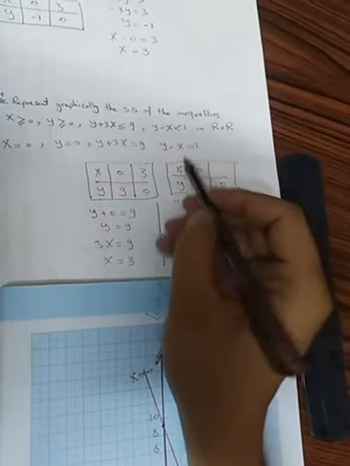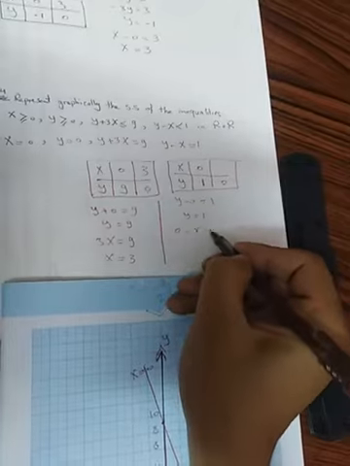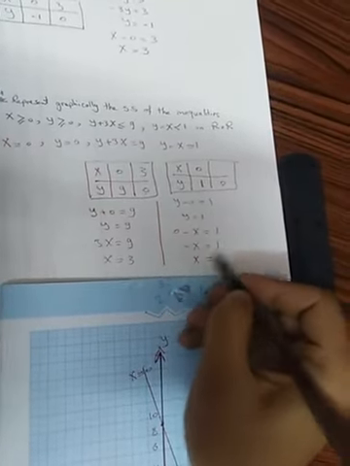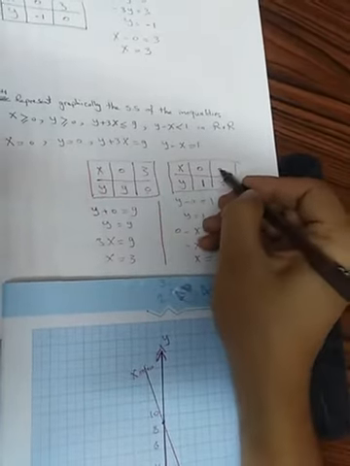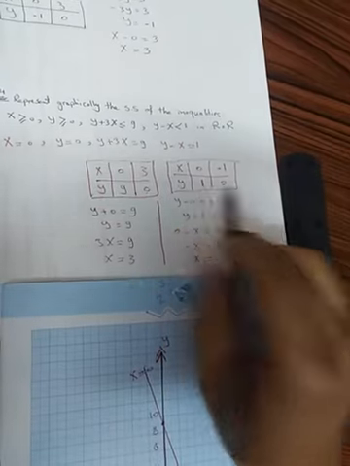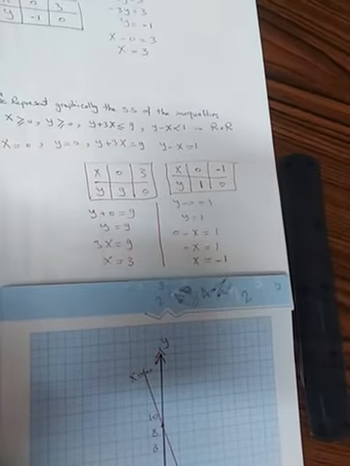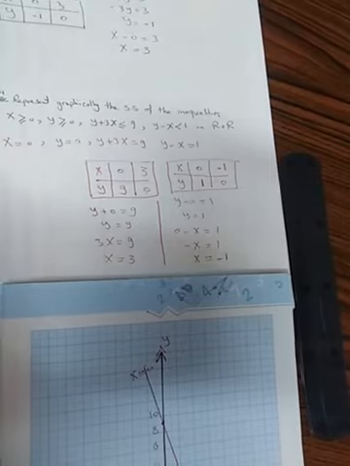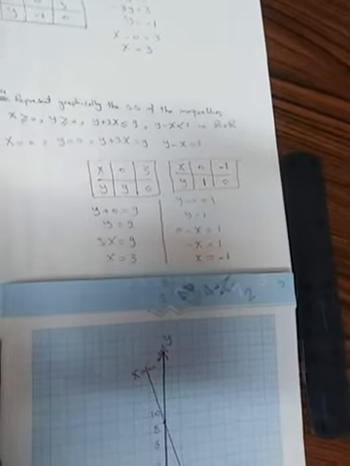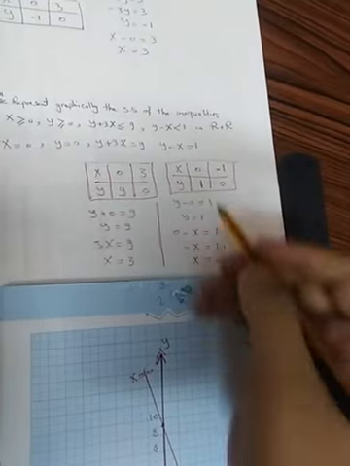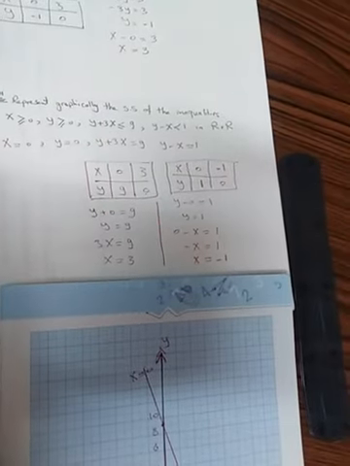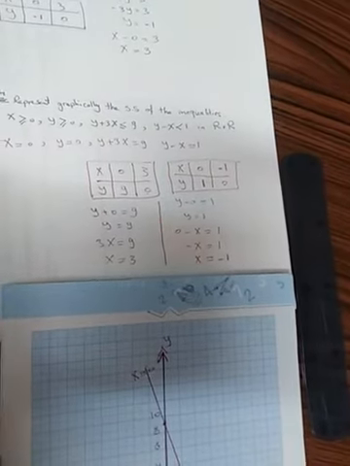If we put y equals 0, 0 minus x equals 1, negative x equals 1, then x equals negative 1. Then the first point (0, 1) and the other point (negative 1, 0) here.